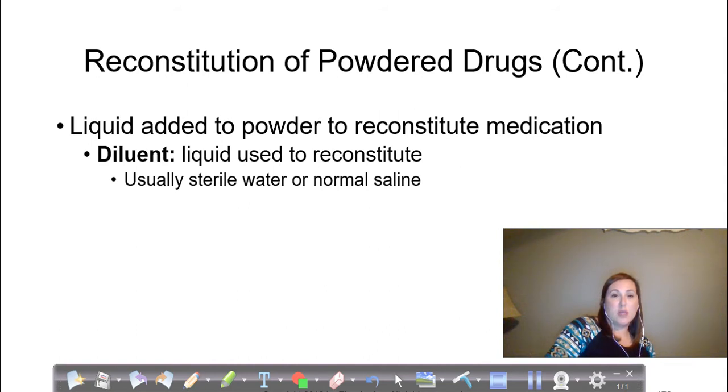So you have a diluent that's used to reconstitute. It's usually sterile water or normal saline. Again, you want to add air first to the powder. Add air to the diluent or the liquid, draw up the needed amount of fluid, and then inject that into the powder. Roll it between your hands to mix it.